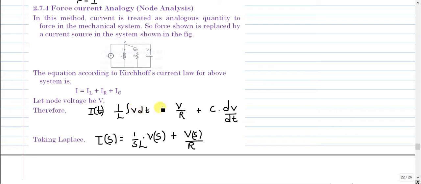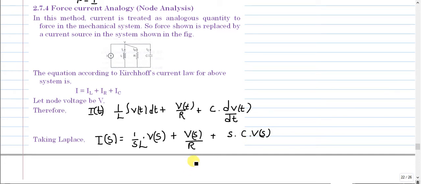So you can consider this as the differentiation of V of t, dV of t by dt, plus again the differentiation, s into C of V of s.